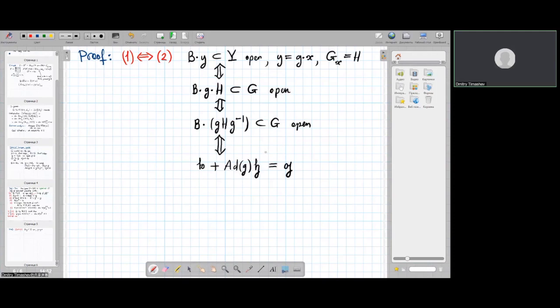Well, why so? Maybe it's clear to you, but anyway, let me say a few words. This is because you can differentiate the multiplication map from B cross G H G inverse to G. You can differentiate this map at unity.